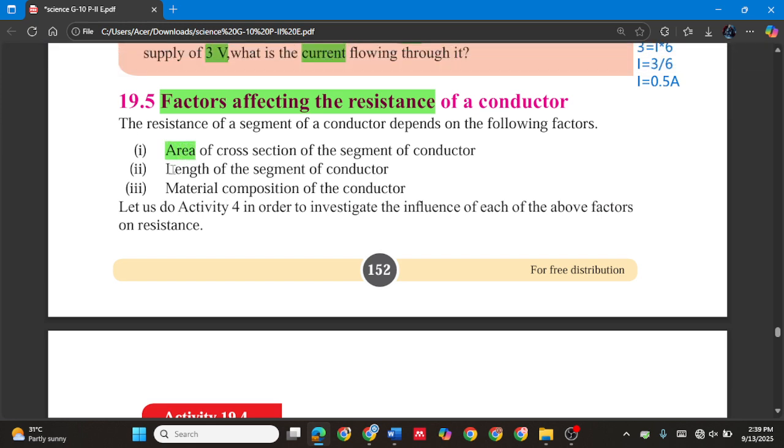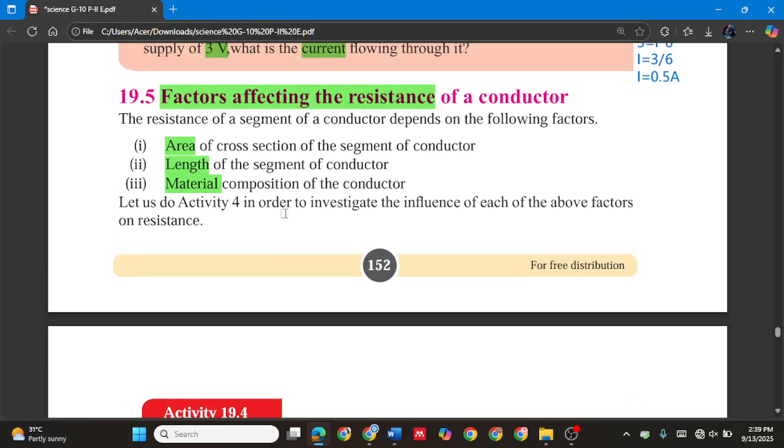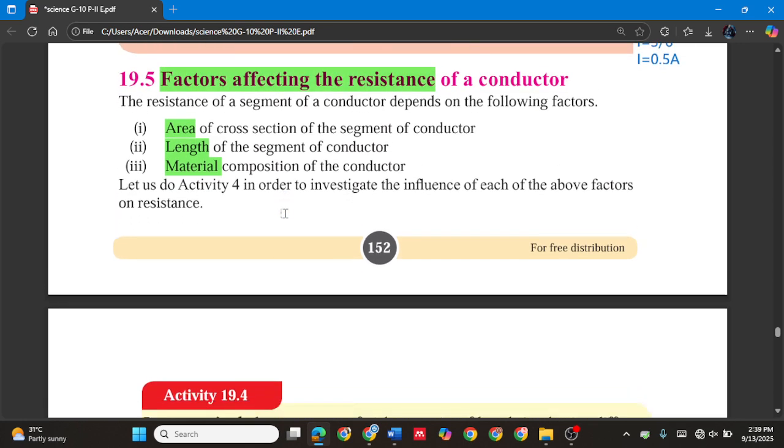So we are going to check what happens to the resistance with these three factors. Main words are area, length and material.